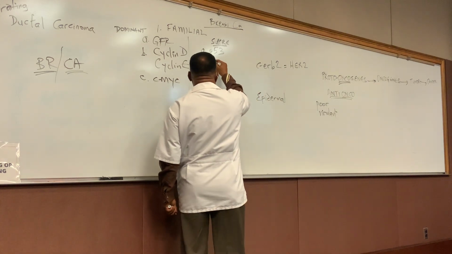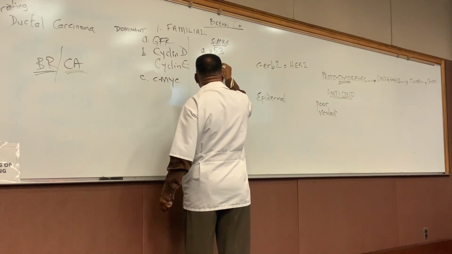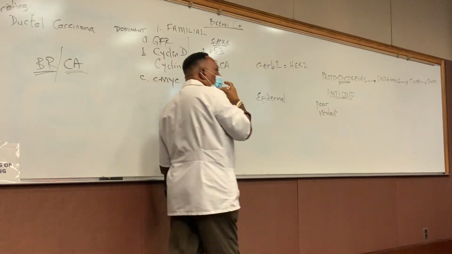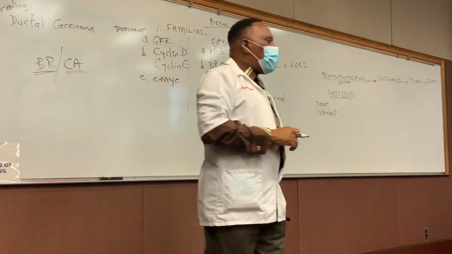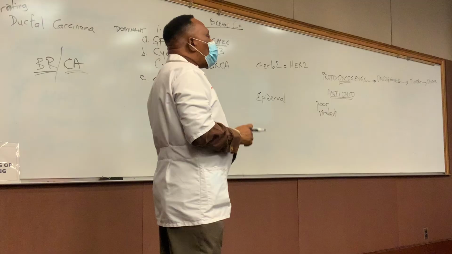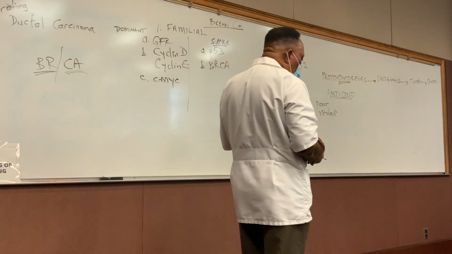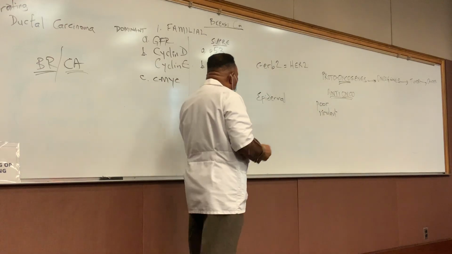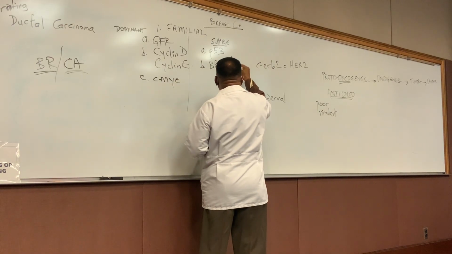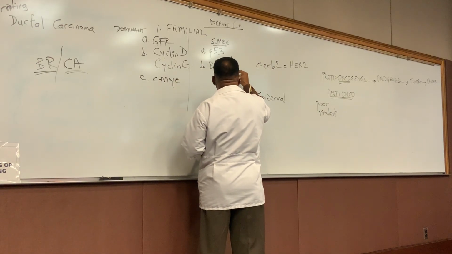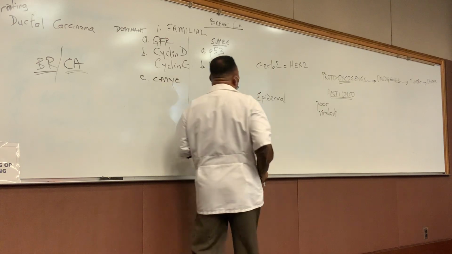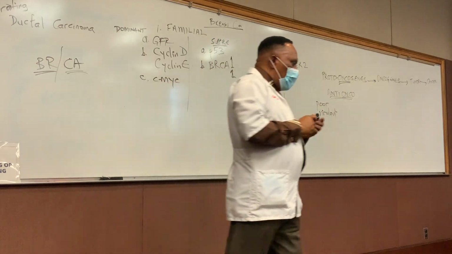And then you can have the one that we mentioned earlier, the BRCA gene. The BRCA gene is also a suppressor gene. And you have BRCA1 and BRCA2. Those are suppressor genes.